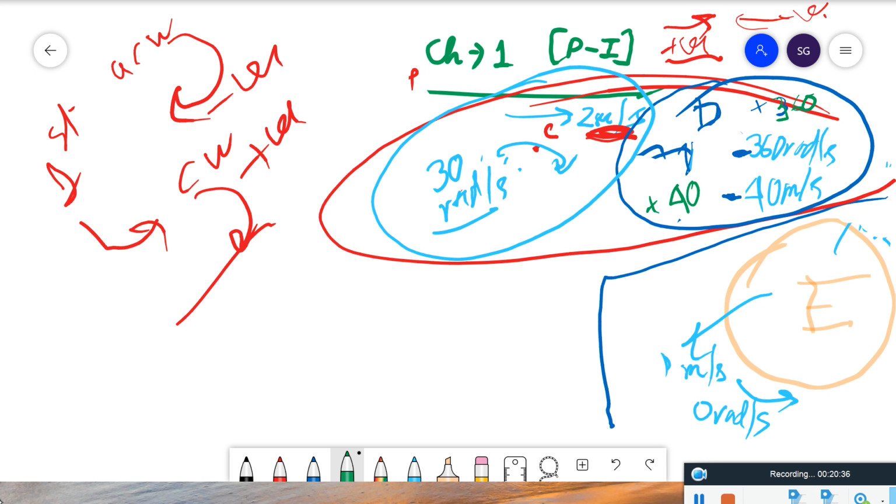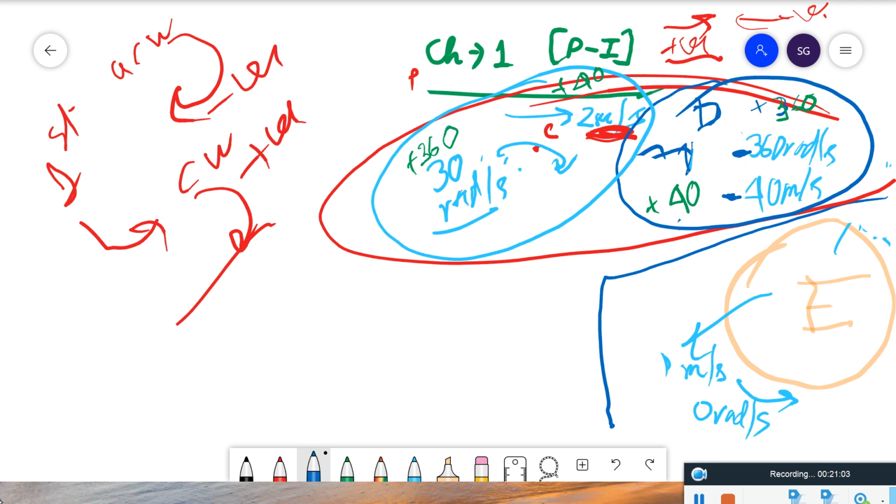Same here, plus 360 means plus 360 to angular. Don't mix up angular with linear. Plus 360 means I will do plus 360 here, and here plus 40. So our result is completed.